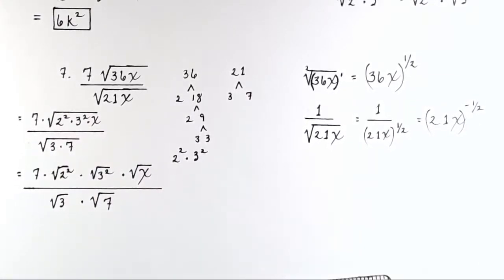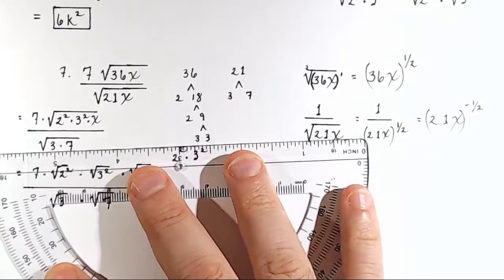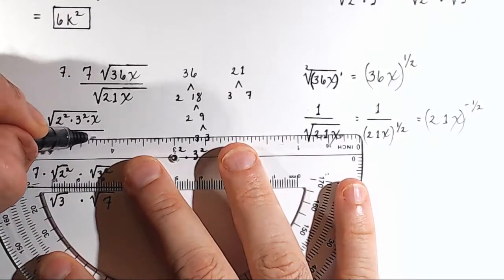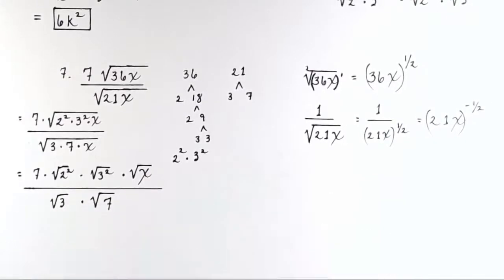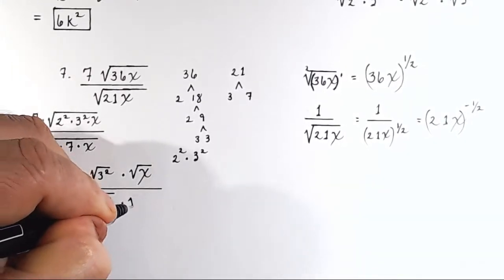Okay? And I drop the x. Here there was an x times x. Right? Here it's times the square root of x.